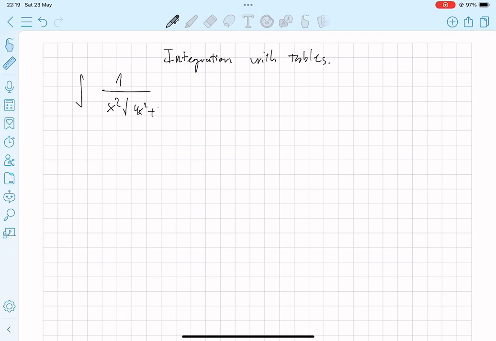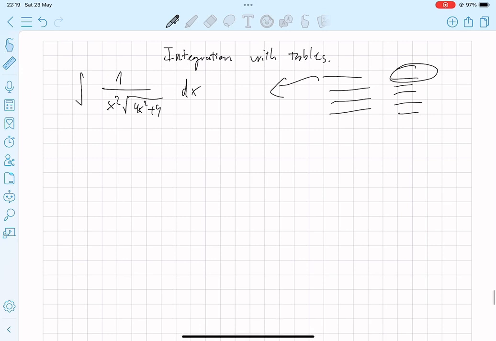So now we're gonna move on to an example to help you figure out what is going on in this topic. Let's evaluate the integral of 1 over x squared multiplied by the square root of 4x squared plus 9, dx.